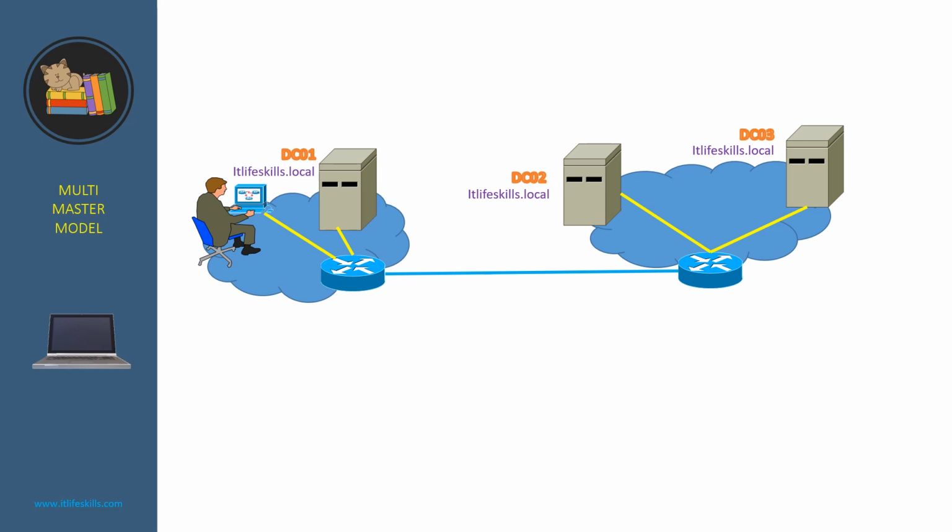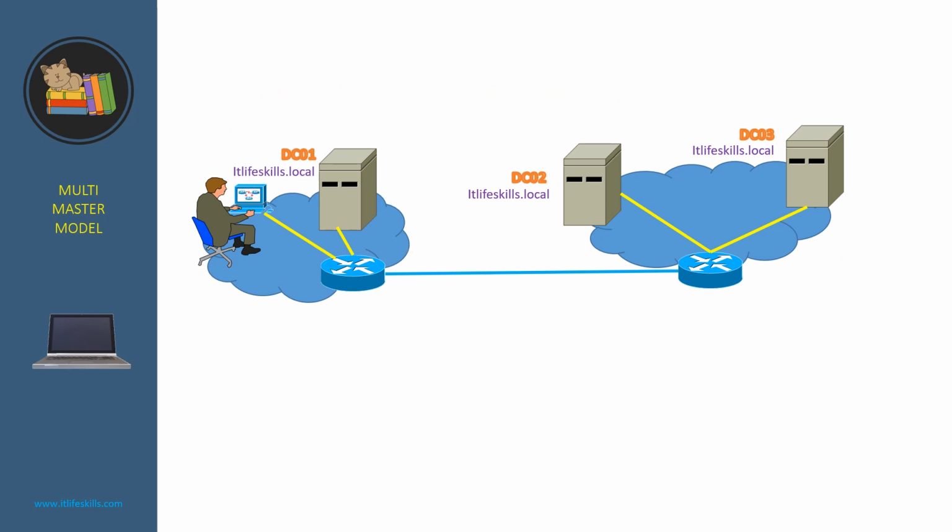We usually hear Active Directory is implemented in multi-master model. What does this really mean? To understand that, let's take a look at this Active Directory domain it-skills.local. In this domain, the system administrator can log into any domain controllers to make the change.